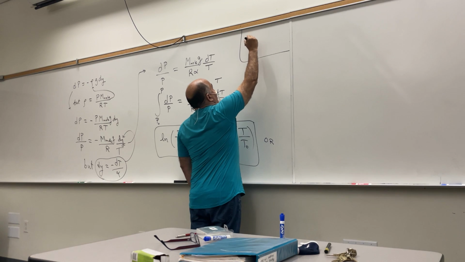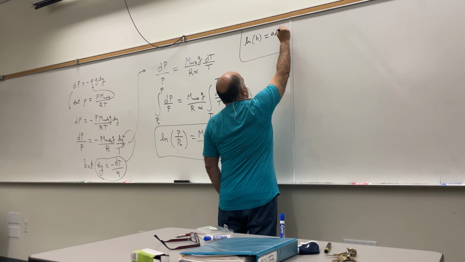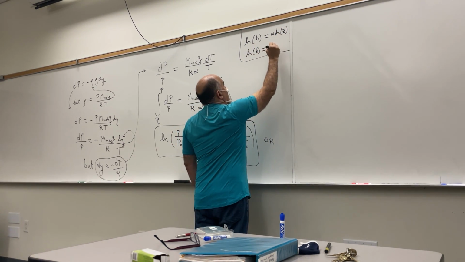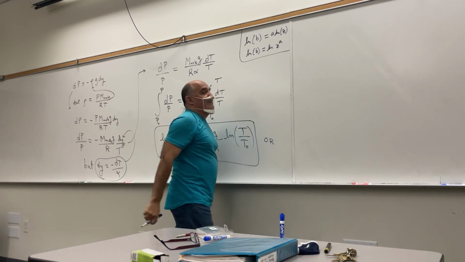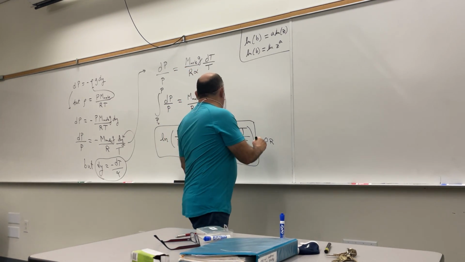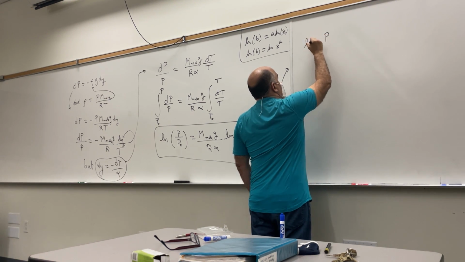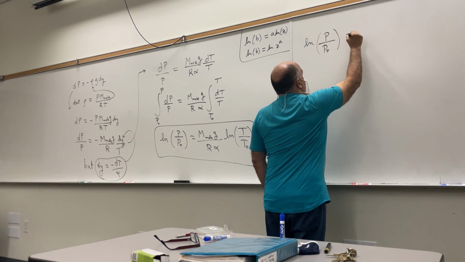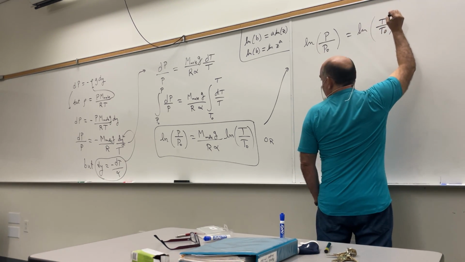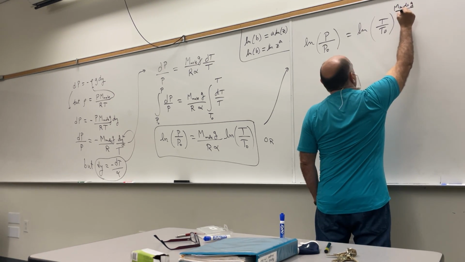You know that the natural log of B equals a natural log of Z, so you could also express this as the natural log of P over P naught equals the natural log of T over T naught, raised to the power of the mass of a mole times G over R alpha.